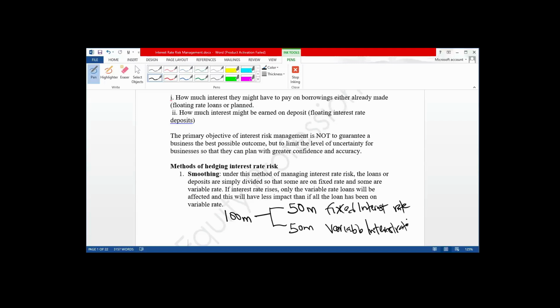Your fixed rate loan will not be affected. If interest should fall, then you are going to pay less on your variable rate loan. That is the concept of smoothing.